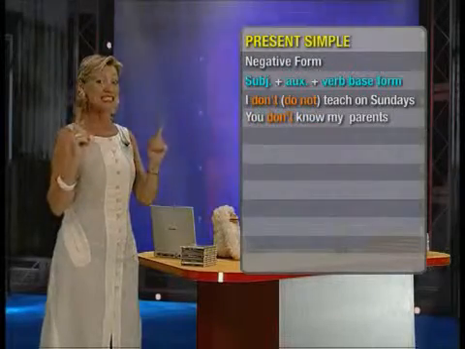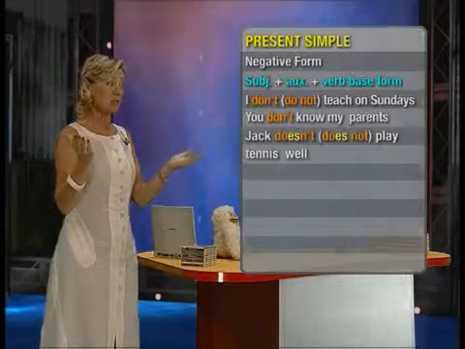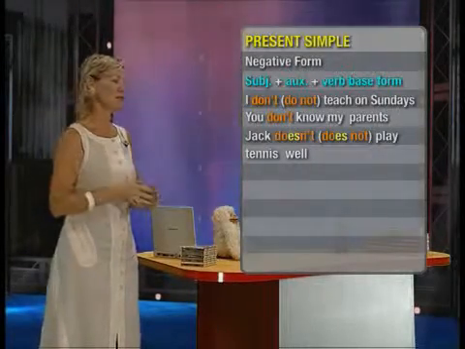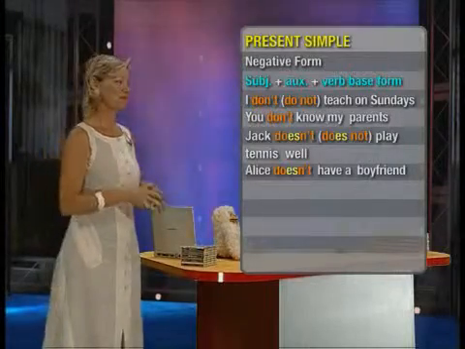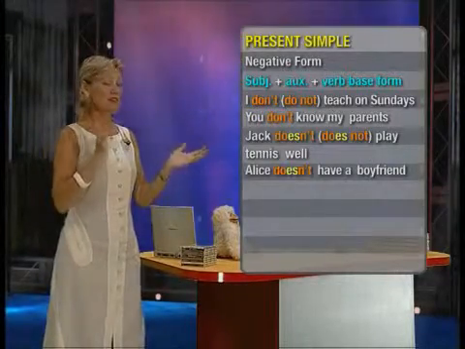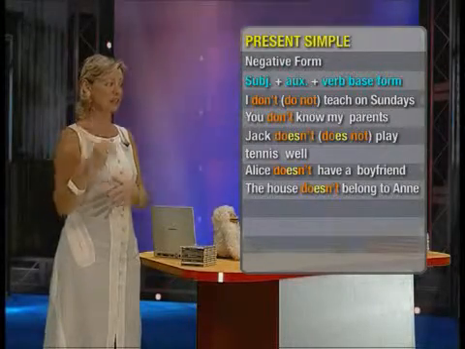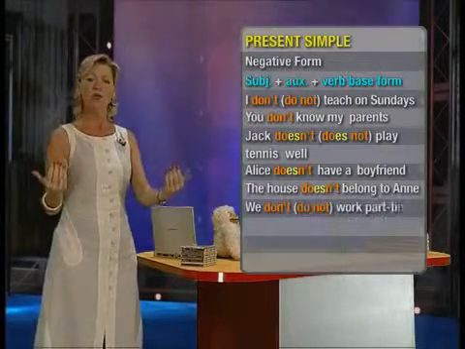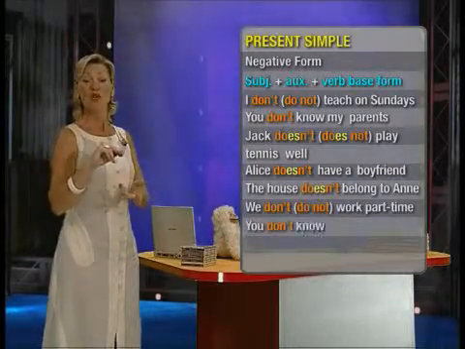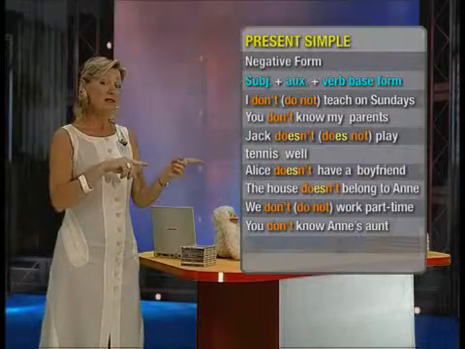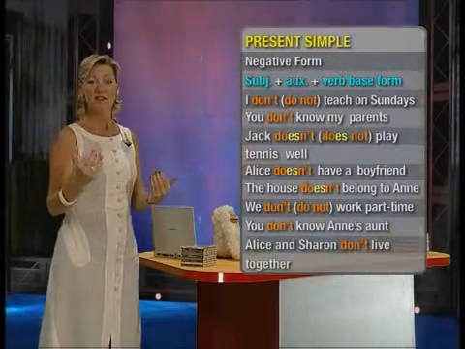Jack doesn't play tennis well. Alice doesn't have a boyfriend. The house doesn't belong to Anne. Third person, doesn't. We don't work part-time. You don't know Anne's aunt. And Alice and Sharon don't live together.